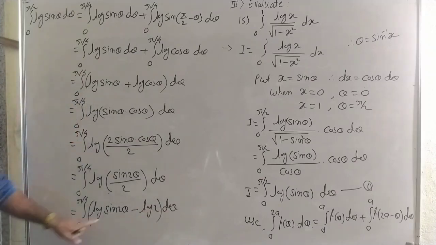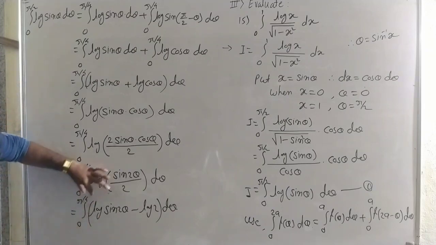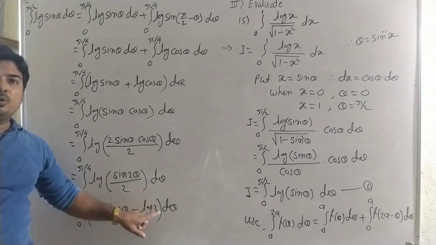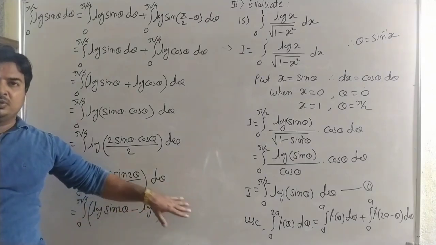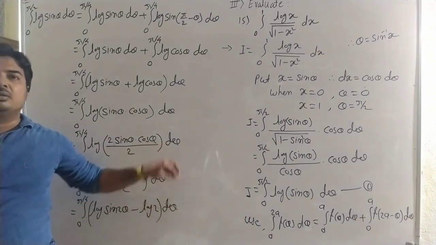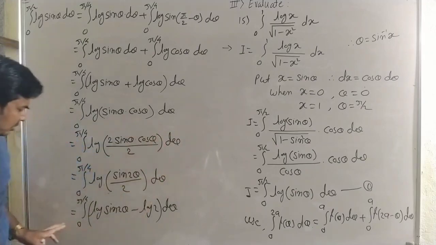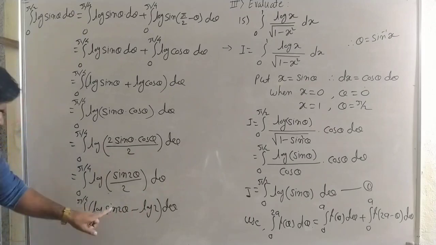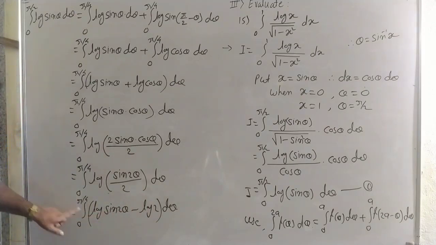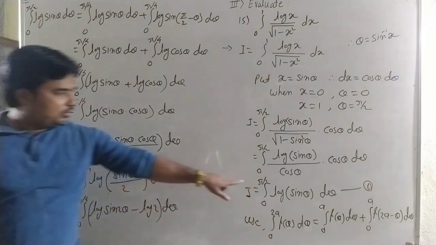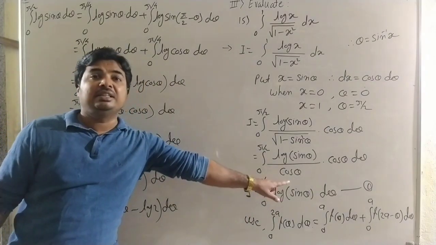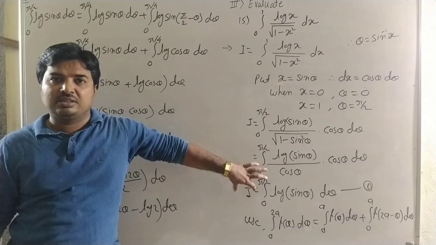Now we can separate both the integrals: integral 0 to pi by 4 log of sin 2 theta minus integral 0 to pi by 4 log 2 d theta. Log 2 is a constant, so the integral of d theta is theta, and we put the limit, which means the second integral we can solve. In the first integral, the limit is 0 to pi by 4 and log of sin 2 theta, but we know it is 0 to pi by 2 log of sin theta d theta, which is the original integral I.